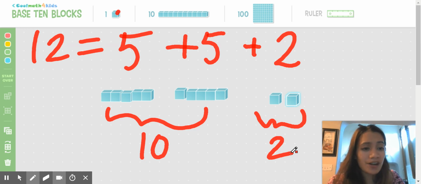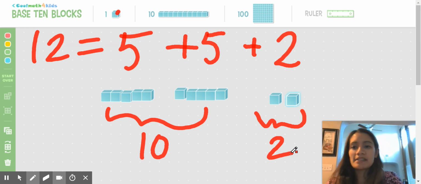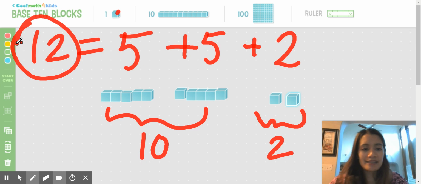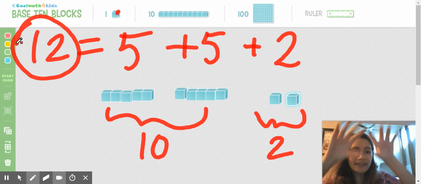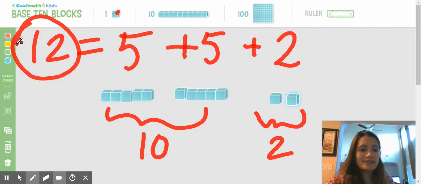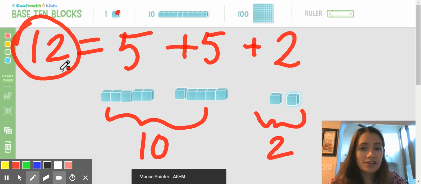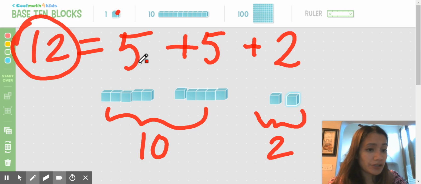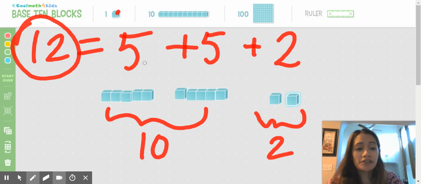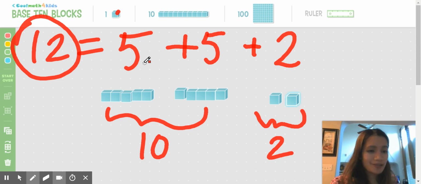So that's what we call decomposing. When you take this number that's on the left of the equal sign, and then you break it down into its individual parts. So this is not the only way that you can make 12. You can do 10 plus 2. You can do 5 plus 5 plus 2.